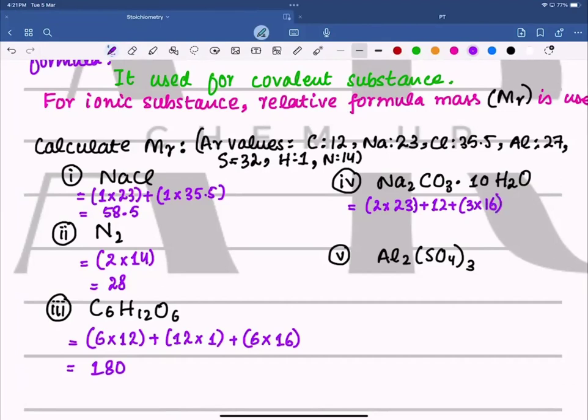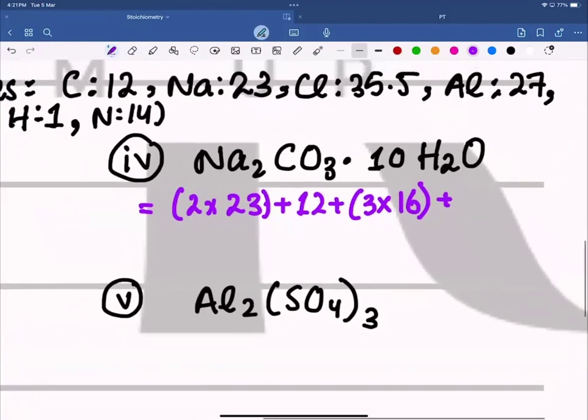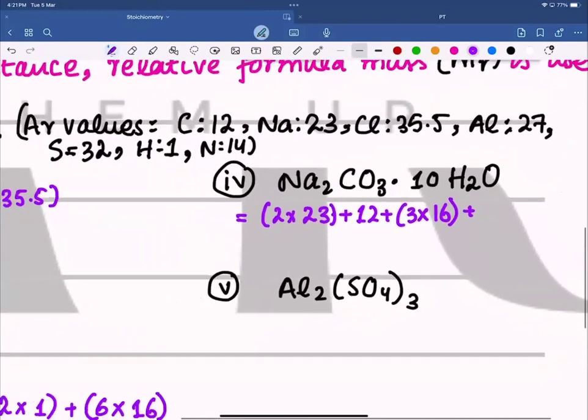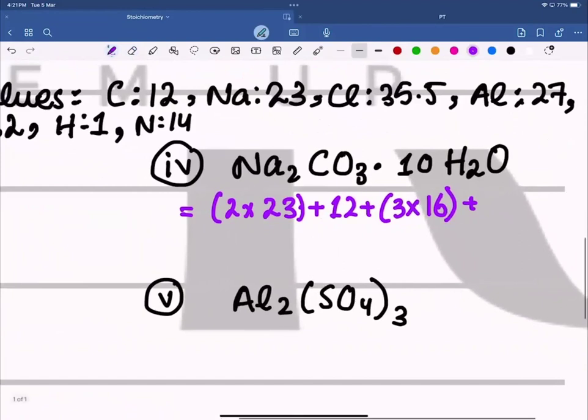Okay, now if you look at hydrogen, how many hydrogens are there? 2. What is the AR of hydrogen? 1. So 2 hydrogens makes it 2. And oxygen? What is the mass of oxygen? 16. Its AR is 16, right? So 16 and 2, 18.